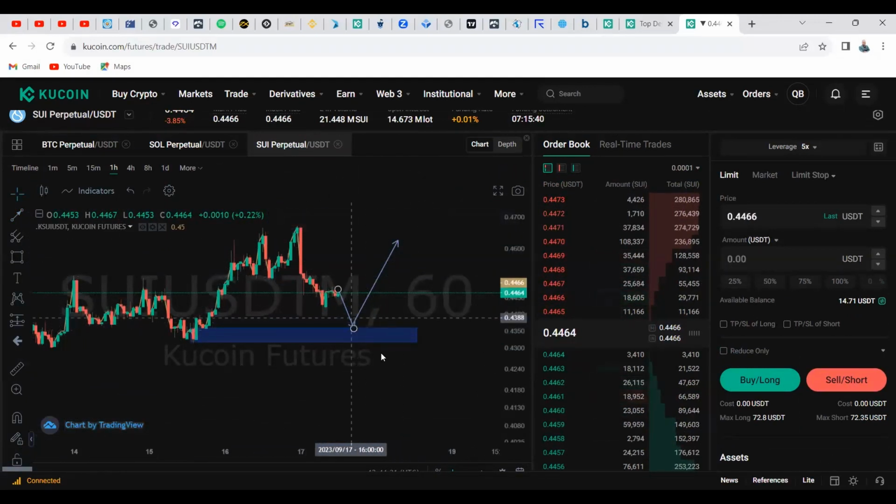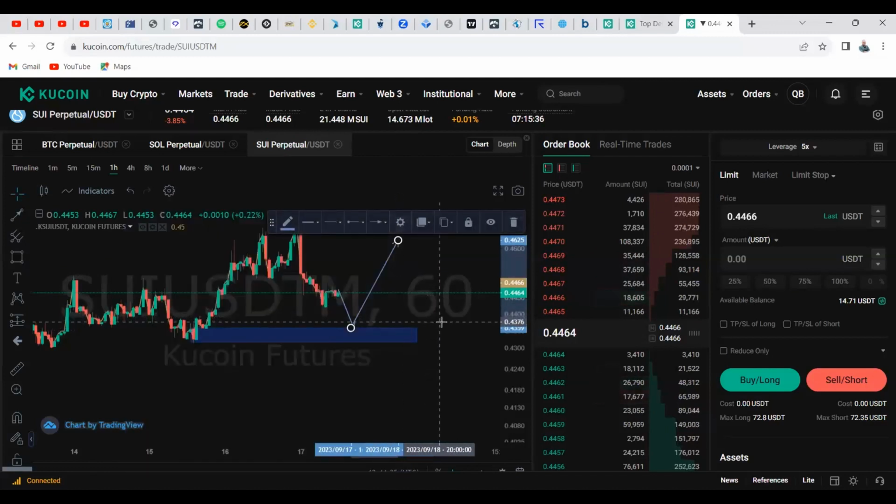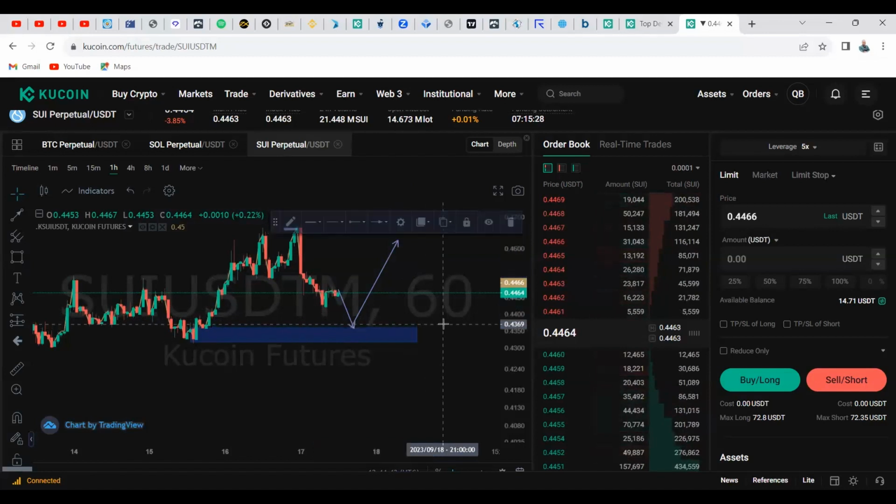So if I was putting my limit order, I would put my buy limit order when it taps into this area at 0.4362, for example. Okay, so I would place my buy limit order at 0.4362. So I would click the price that I want to execute.